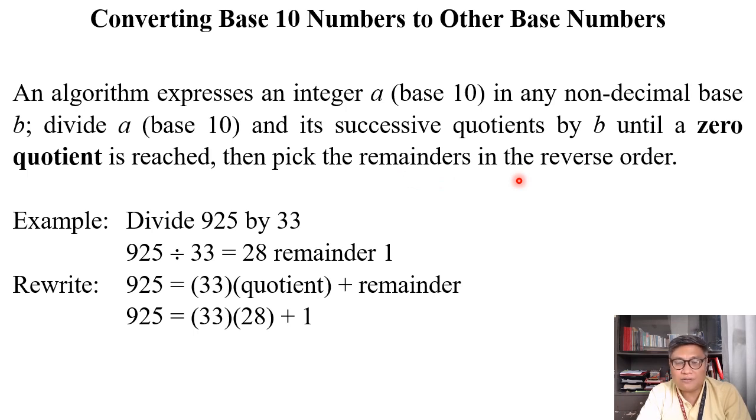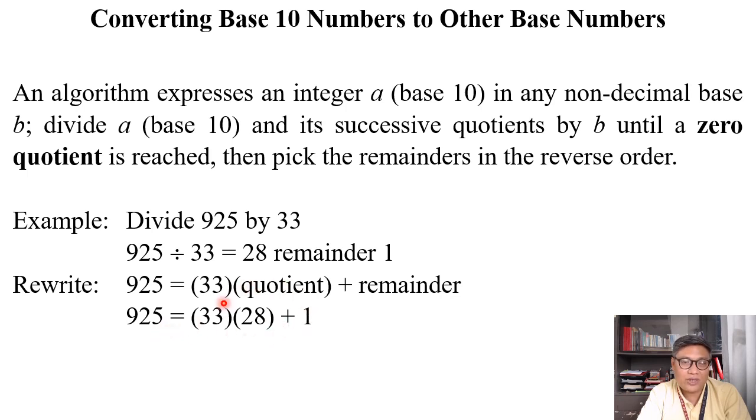Now, just to familiarize, if you're going to divide 925 by 33, the quotient is 28 with a remainder of 1. But we need to rewrite this in this manner: when 925 is divided by 33, we put here the quotient, then plus the remainder.